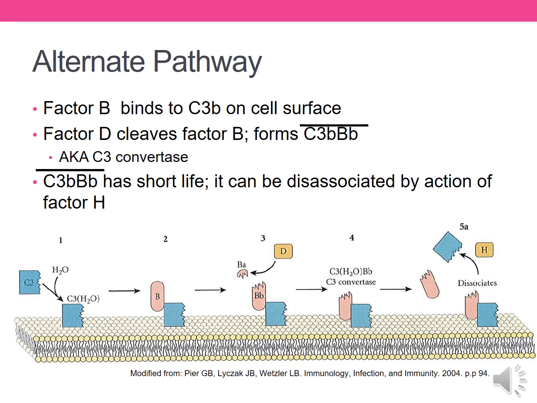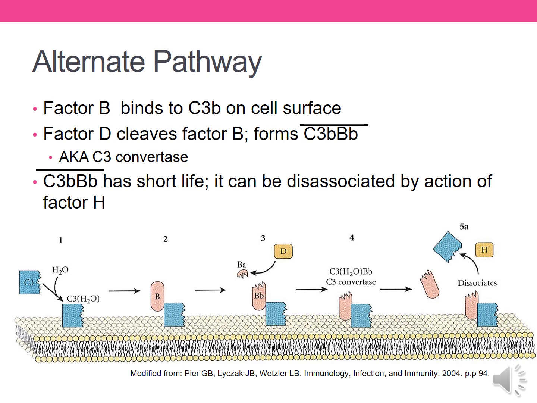Once factor D cleaves factor B, we will then have our first enzyme. We have our enzyme C3b, big B, little b. And this is also called C3 convertase. One thing to remember about this C3 convertase is that it has an extremely short life.